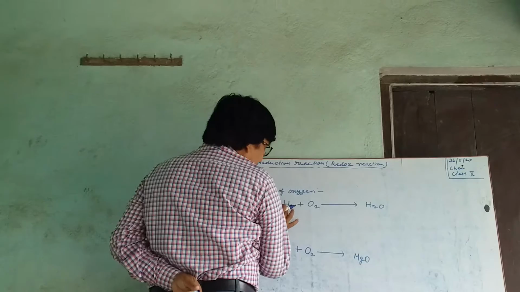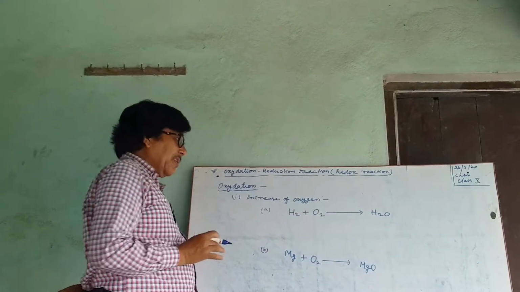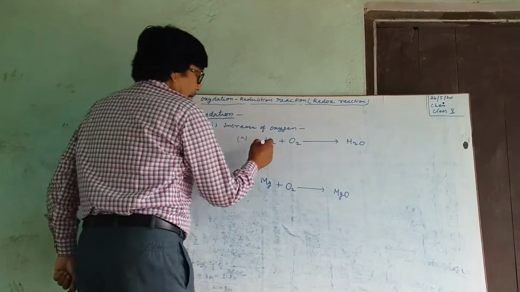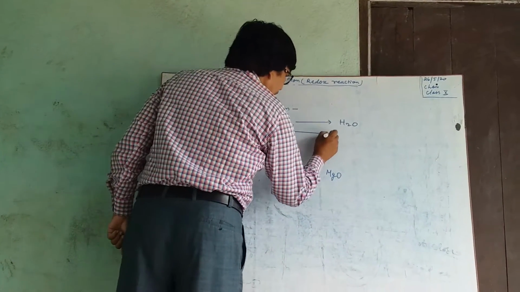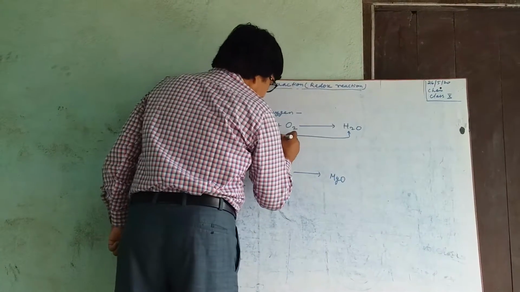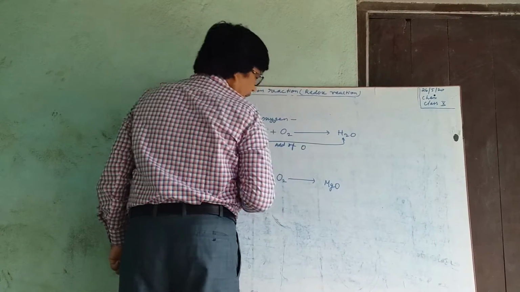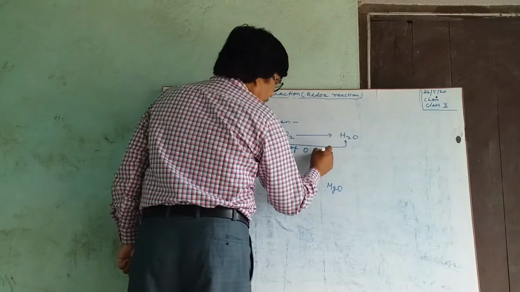Suppose when hydrogen H2 burns in presence of oxygen, it forms water vapor. Here oxygen is added to hydrogen. Addition of oxygen means oxidation.